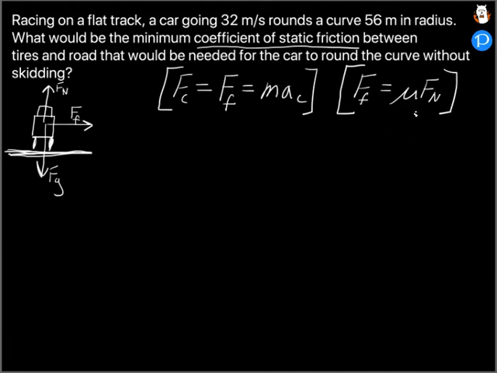So let's try and figure this out. I want to solve for the coefficient of static friction. If I rearrange this equation, the coefficient of friction is equal to the force of friction divided by the normal force. These are the two things I really need.